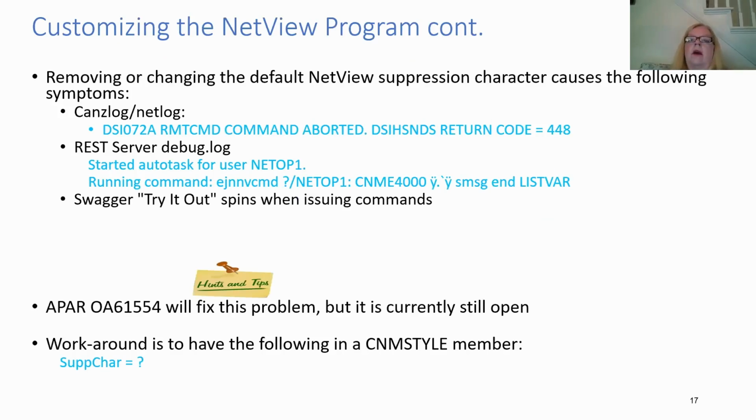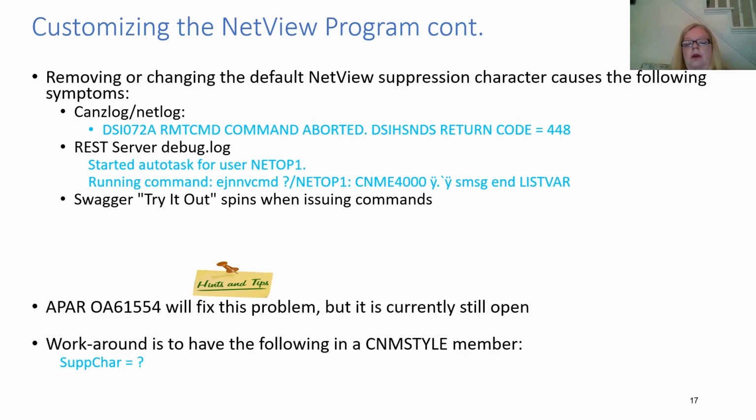Okay, so some other things that happen depending on how you've customized your NetView. If you have removed or changed the default NetView suppression character, that causes a problem right now. In CANSLOG and NETLOG, you will get this DSI072A remote command aborted message with a 448 return code. And if you look at your REST server debug log, you'll see these messages here, depending, of course, with your user ID inserted with the question mark here.